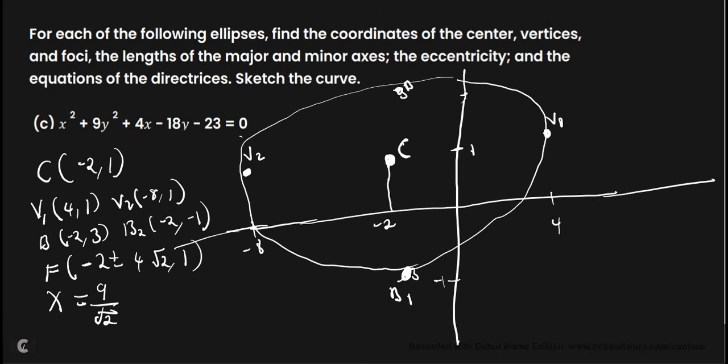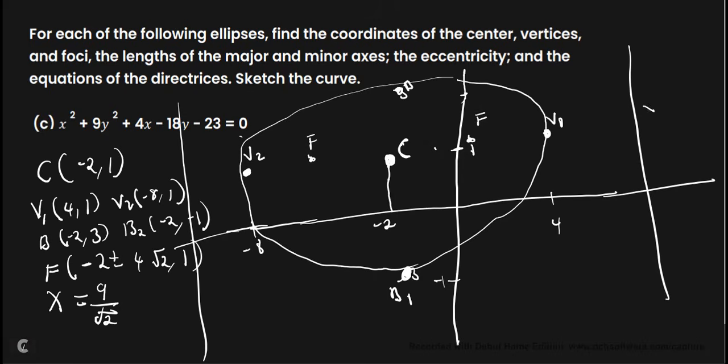Then you write your foci here, and this side will be a directrix, and again this side will be a directrix. So the directrix we just estimate. It's not a must to be exact, because sometimes we have a directrix with square roots and it will be very difficult for you to plot. So we just estimate the directrix. So this is how you plot this one.